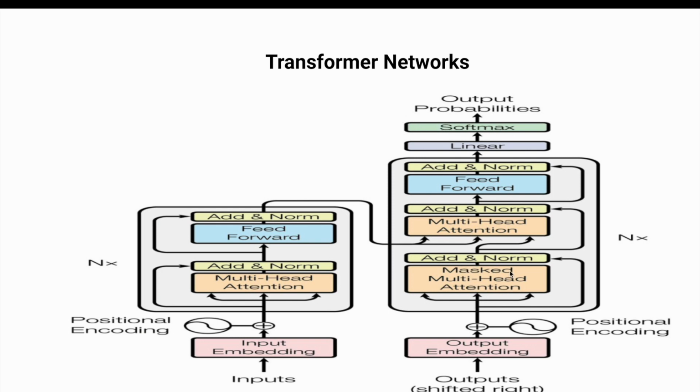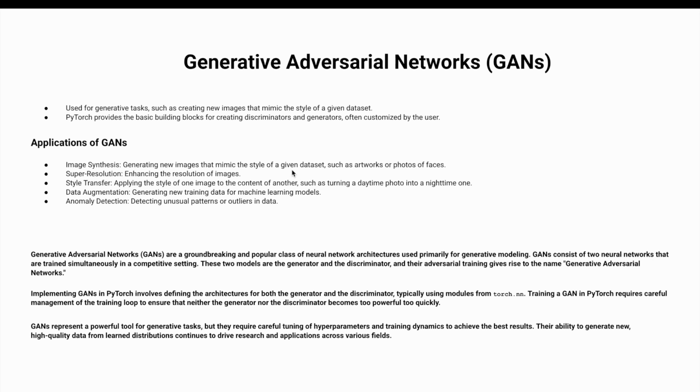So you can see here the basic architecture of a transformer neural network. I wasn't going to go deep on this. I just wanted to introduce you to the different neural networks that you can utilize with PyTorch. So we'll go to the next one here.